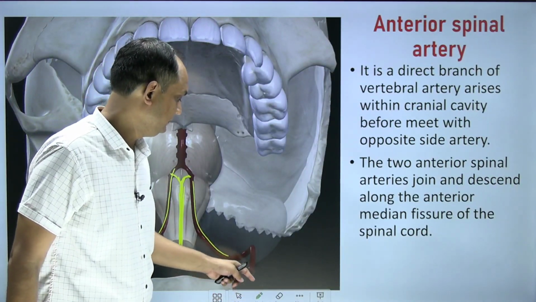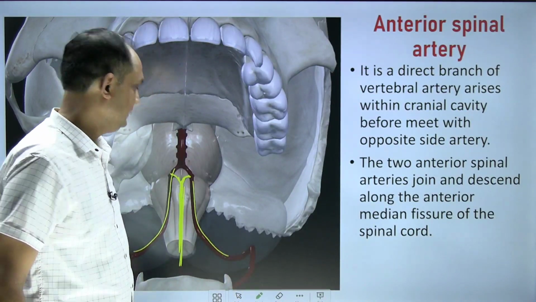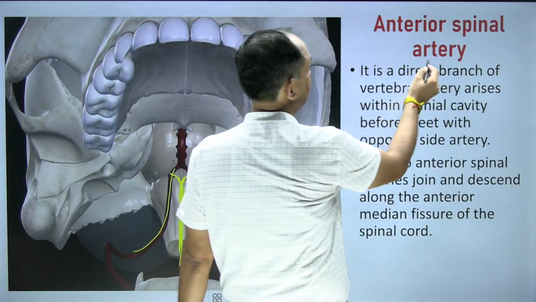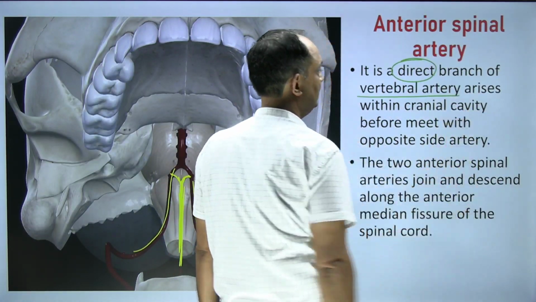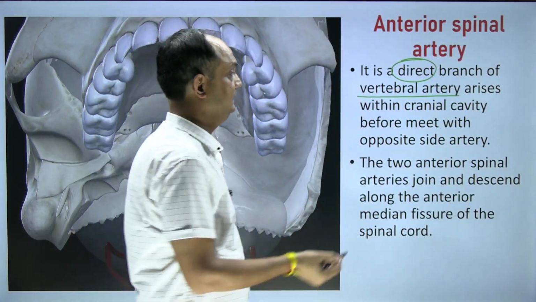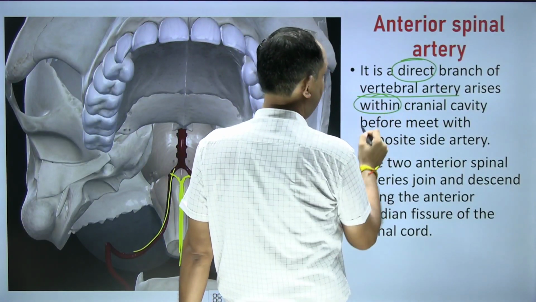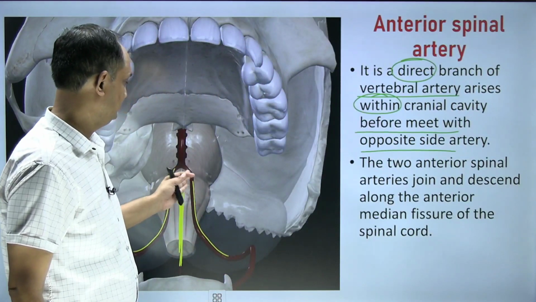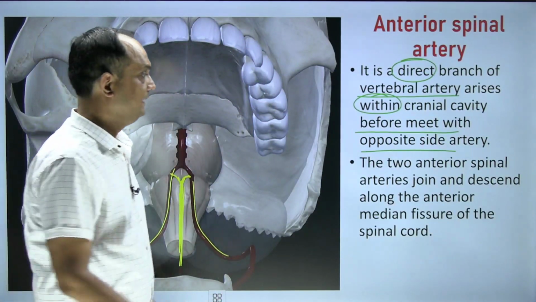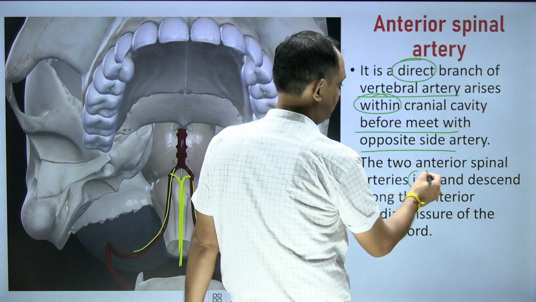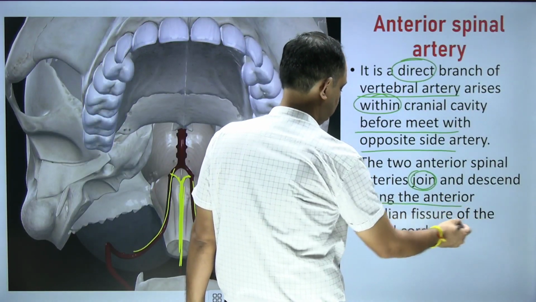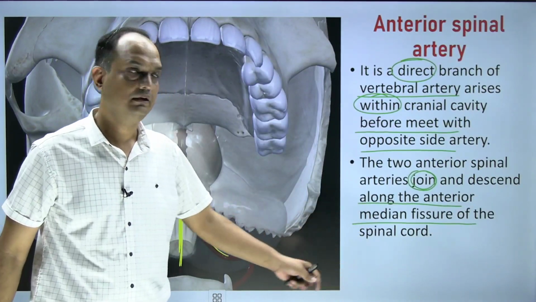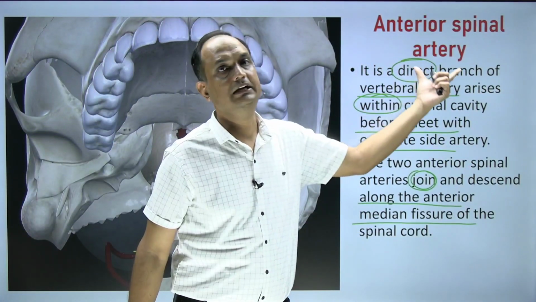This is the important concept to understand: the anterior spinal arteries are direct branches of the fourth part and arise inside the cranial cavity, which I already told you, and before meeting they have separate origins from the opposite side arteries. Now, the two arteries join with each other and descend along the anterior median fissure of the spinal cord. Clear?